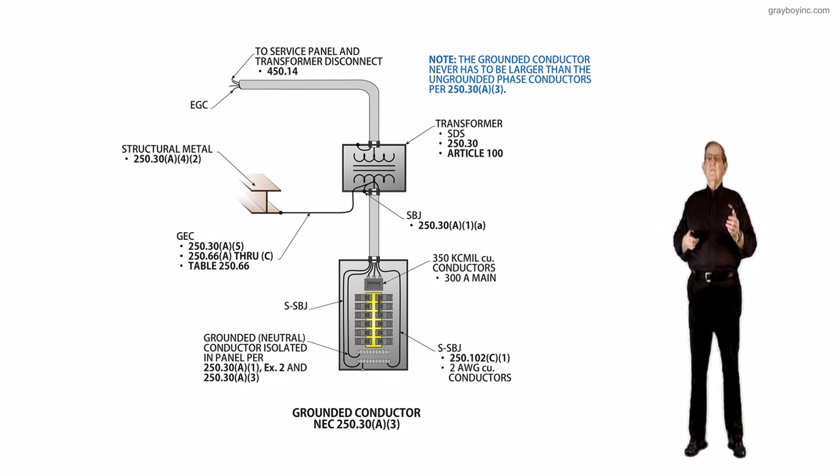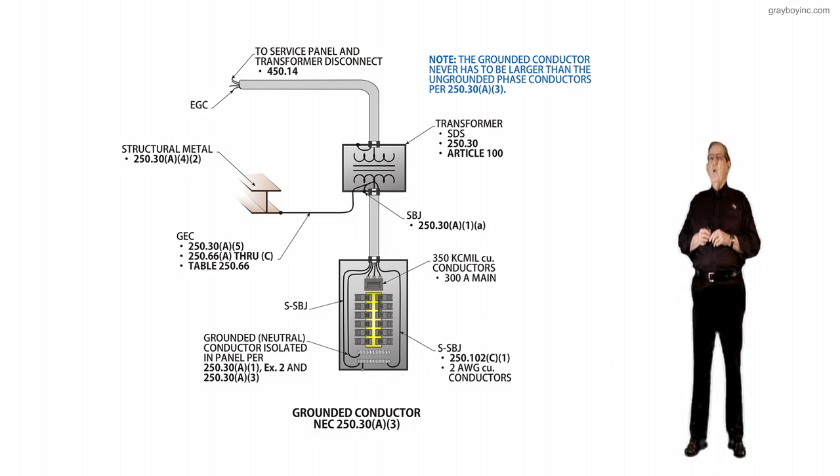So the point of this is, if we had a large main and you were sizing down here, what they're saying is you never under any circumstances have to have the grounded conductor or neutral larger than the ungrounded conductor. So for example, 4 aught hitting that 225 amp main, the grounded conductor never has to be larger than 4 aught, and that's what the purpose of change is pointing out to the user of the code.